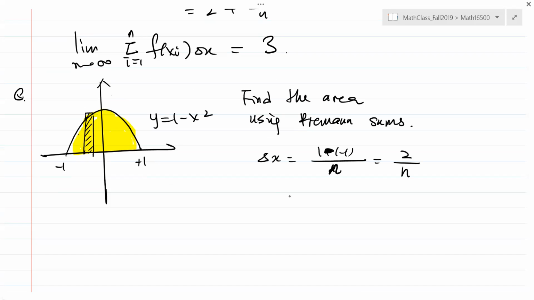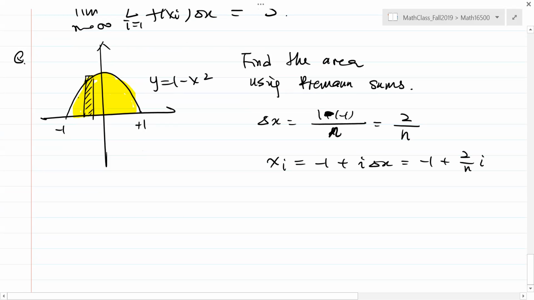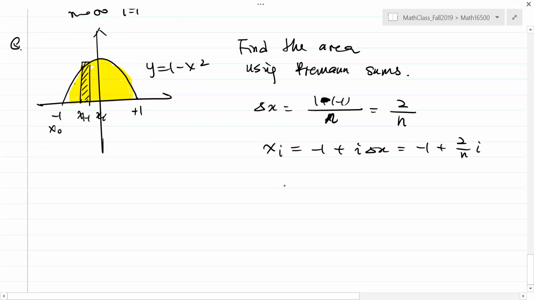Then the partition points are -1 plus i delta x, that is -1 plus 2i over n. This is x_0, and this is x_{i-1}, x_i. I also use x_i star to be x_i; you can choose the right endpoint.